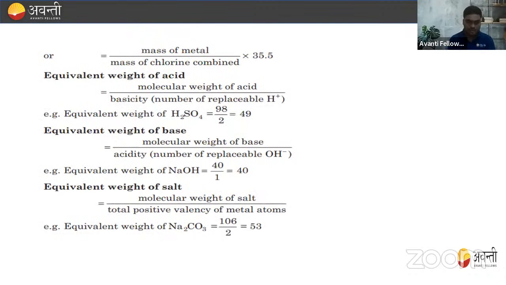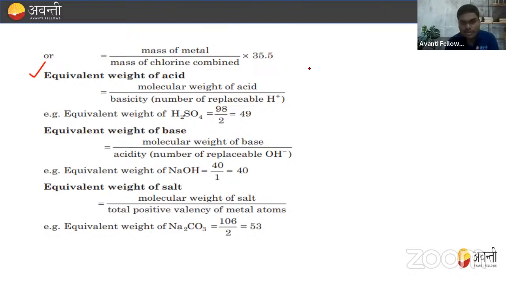ठीक है? चलो. Now, equivalent weight of an acid. So how will you calculate the equivalent weight of an acid, beta? So equivalent weight of an acid is equal to molecular weight of an acid divided by basicity. ठीक है, अब ये बेसिसिटी क्या होता है, लेट मी एक्सप्लेन, राइट.